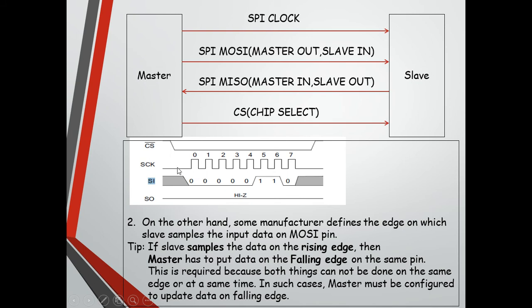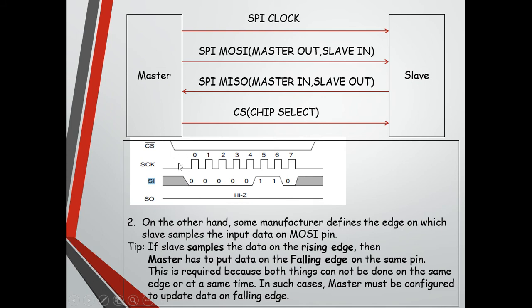So this represents SPI clock phase as 1. From this diagram you can conclude that this timing diagram refers to a device whose clock polarity is 0 but clock phase is 1, because the data and clock are not in sync with each other, they are phase shifted. So this refers to polarity 0 and phase 1. Now our main point was that in this example the master is putting the data on the falling edge.